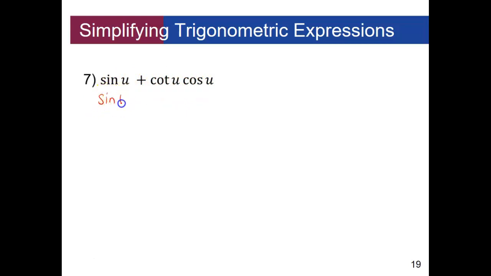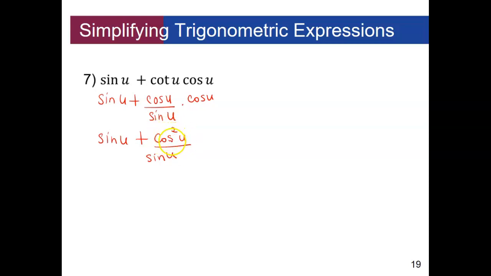So I'm going to have sine of u plus cosine divided by sine, and then I'm going to multiply that by cosine again. So what I see here is I have sine of u plus cosine times cosine, which is cosine squared over sine of u.